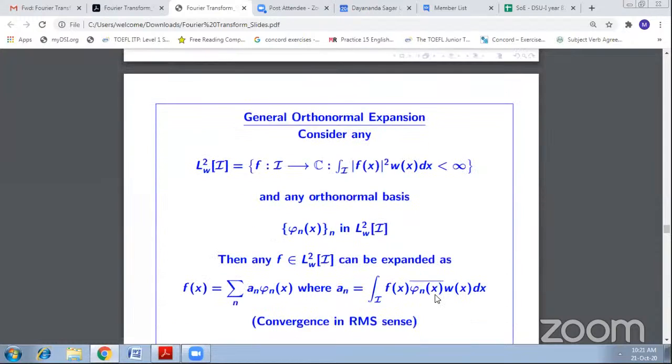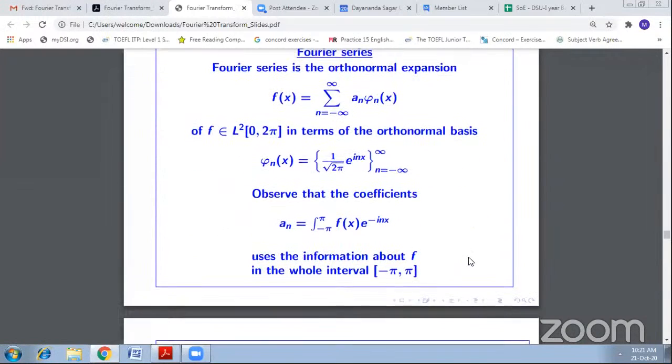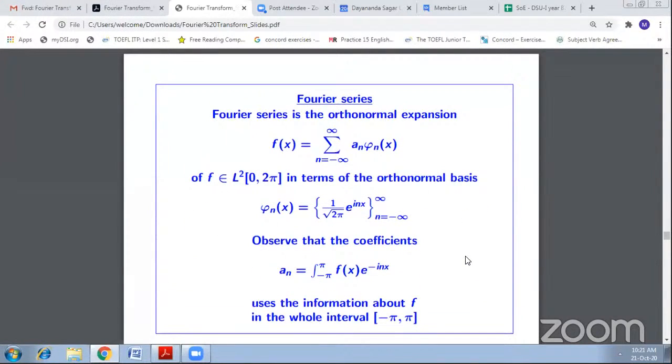Instead of polynomials, we can take any orthonormal basis and expand a function in L2 in terms of the orthonormal basis. The coefficients will again be given as the dot product of the function with the orthonormal basis vector. What we are doing in Fourier series is simply orthonormal expansion. The orthonormal basis that is chosen is the Fourier basis, 1 over root 2 pi e to the inx, where n varies from minus infinity to infinity.